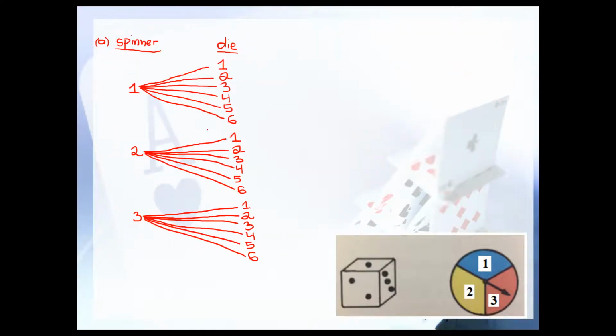Okay, so let's go to the next slide and just start to set up my calculations here. So let's do B. We want to calculate the probability of obtaining the same number on both the spinner and the die.